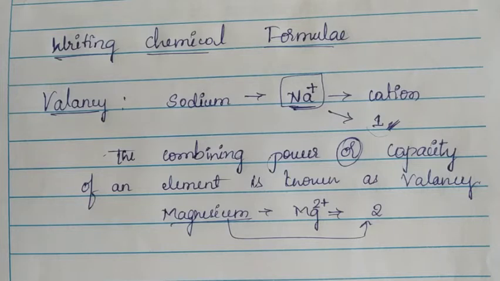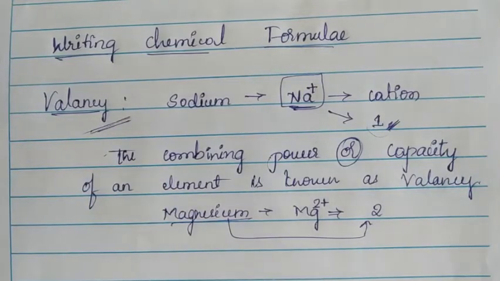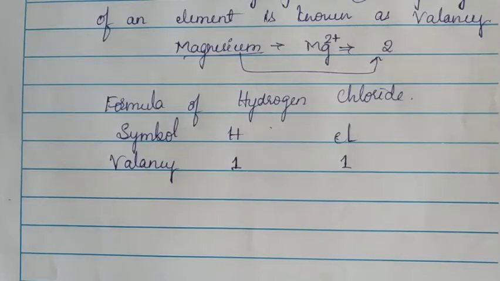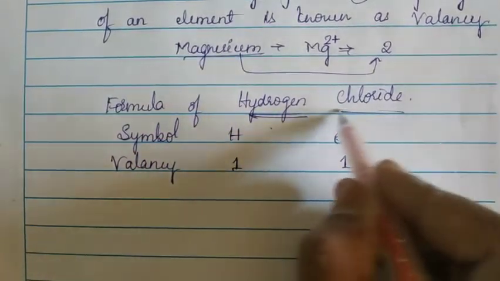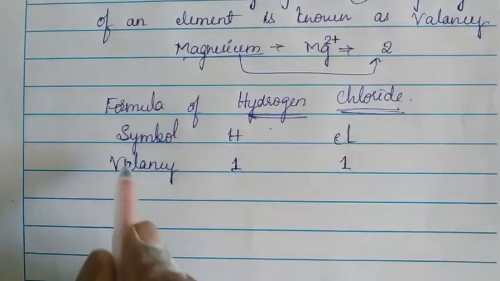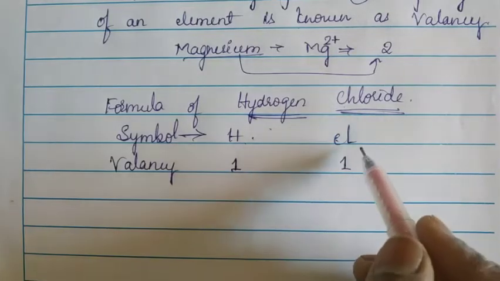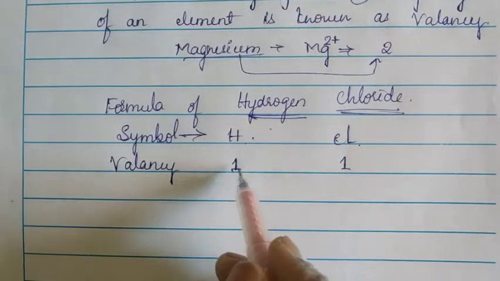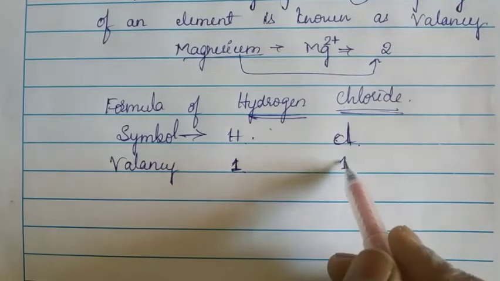Now let us go to writing the chemical formulae based on their valencies. Okay children? See children now, the formula of hydrogen chloride. Here the elements are hydrogen and chlorine. The symbols are H for hydrogen and Cl for chlorine. The valencies are: hydrogen valency is 1, chlorine valency is 1.